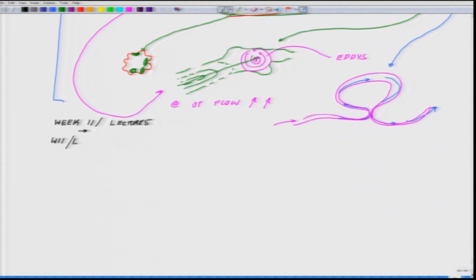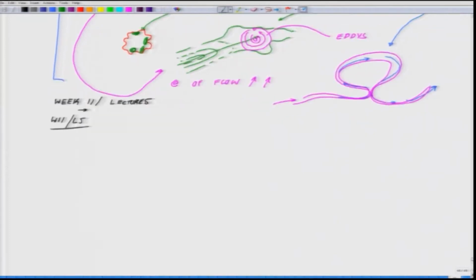W11 L5. Okay. So, now continuing upon it, our next definition which is important will be vascular resistance. What is vascular resistance?